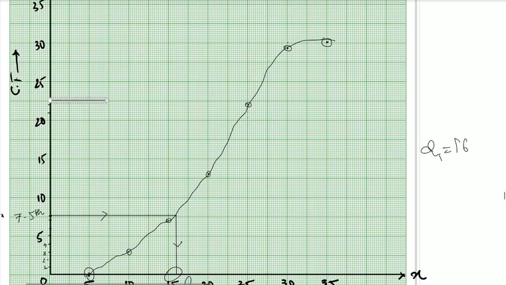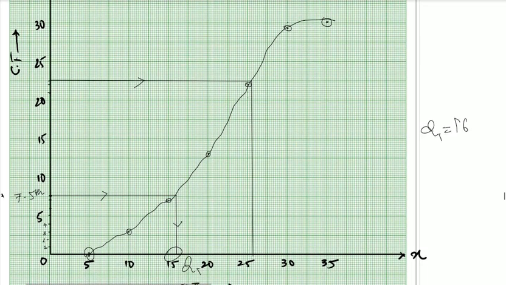We'll meet the ogive first, meet the ogive, and then give it an arrow. Now another shape, line. Cool. So that's your Q3.